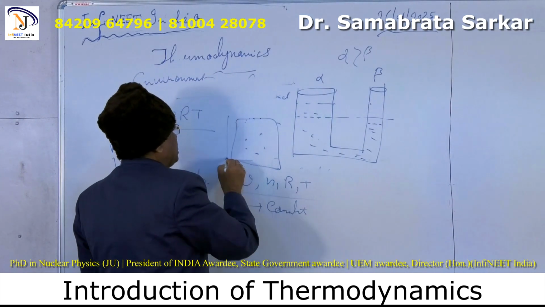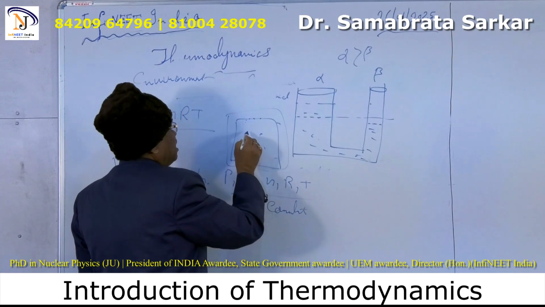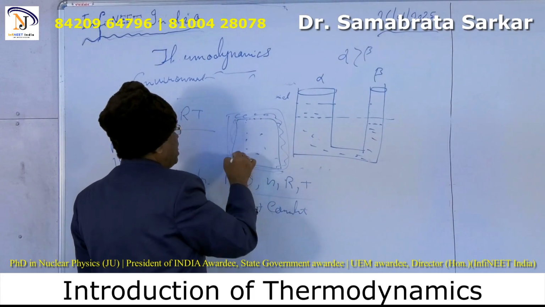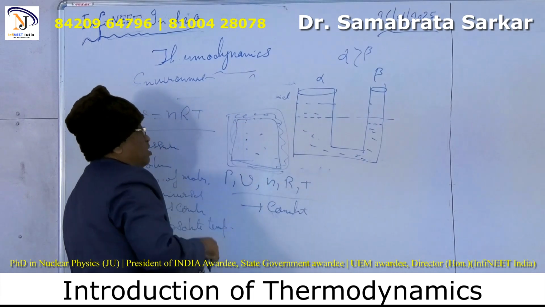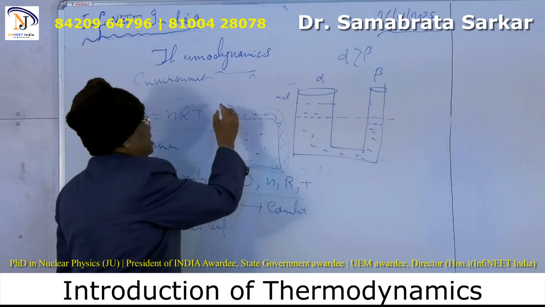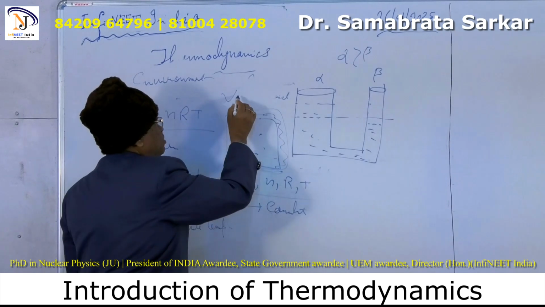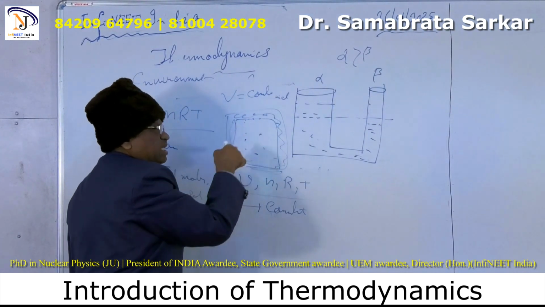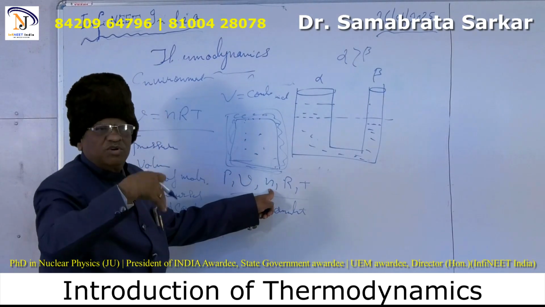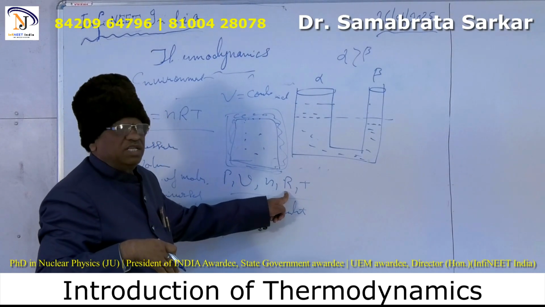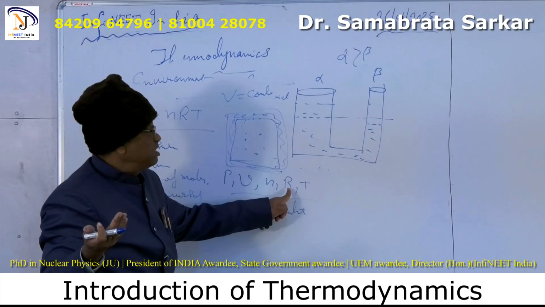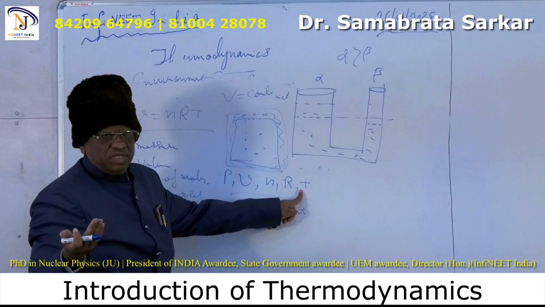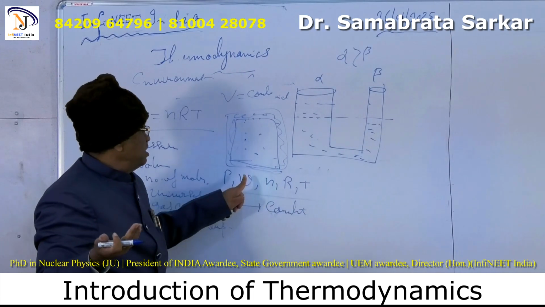Suppose a gas is kept here and this is made of insulated material. So the volume is constant, pressure is constant, number of moles is constant, R is the universal gas constant, and the absolute temperature of the gas is constant.